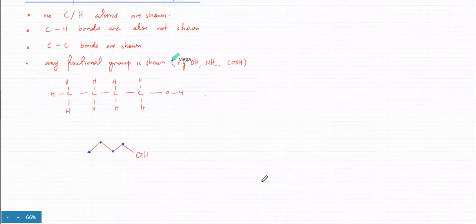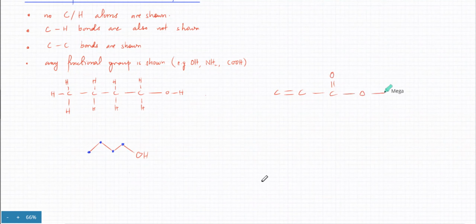So let's think of a way more complicated molecule. Okay, so you have a double bond. A double bond is represented as a double bond. So there's C double bond O, then there's O, then there's C, and then there's a branch of CH2, and then there's another.